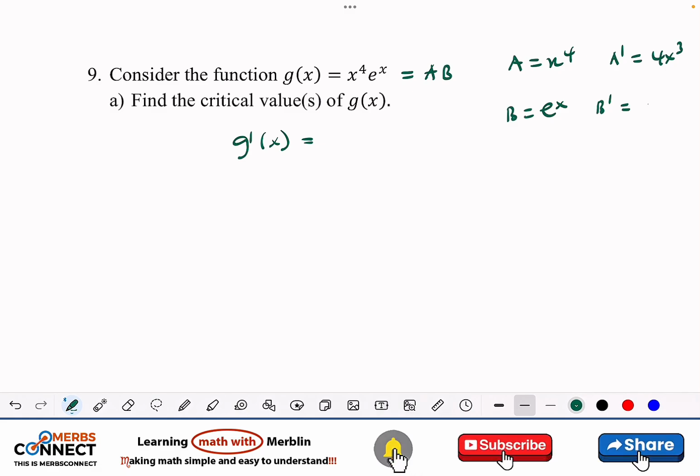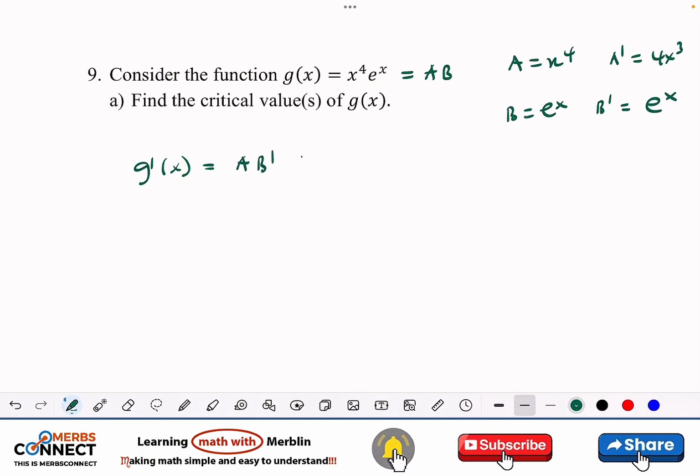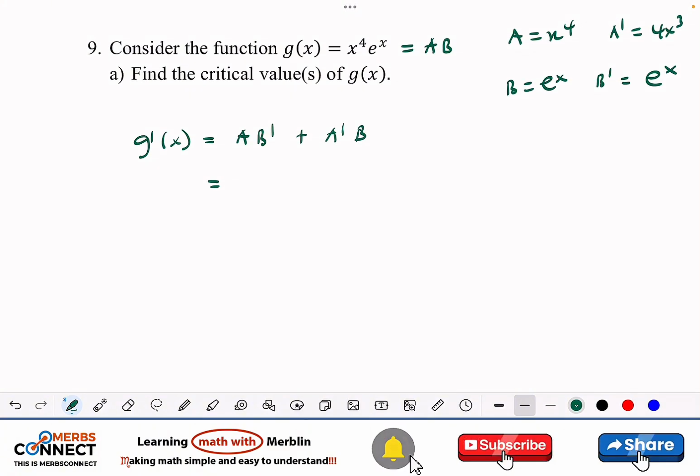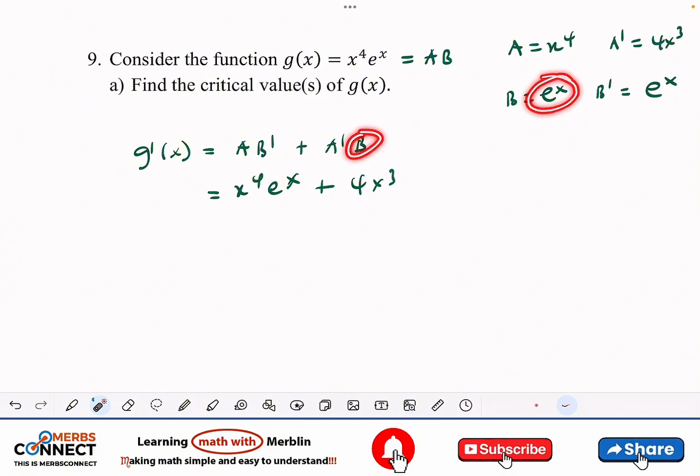When I differentiate e^x, I get e^x. So what is G prime? G prime is equal to A B prime plus B A prime. So this is going to give us A is x to the power 4, B prime is e^x, plus A prime is 4x to the power 3 times B is e to the power x.